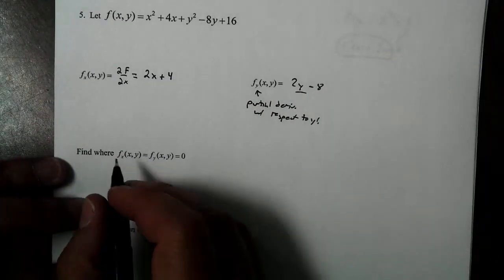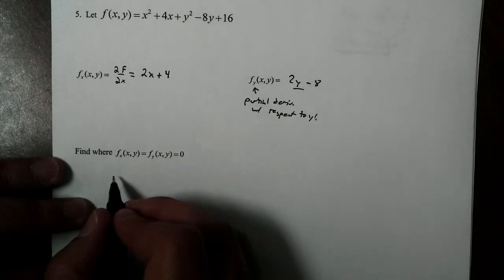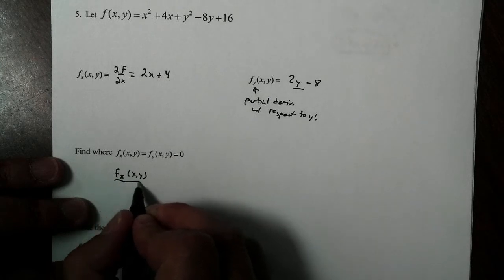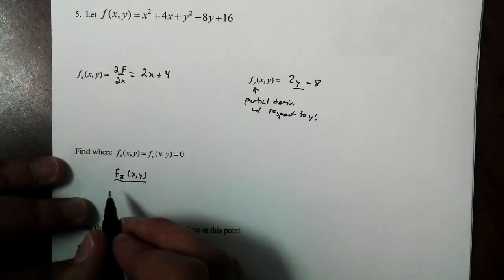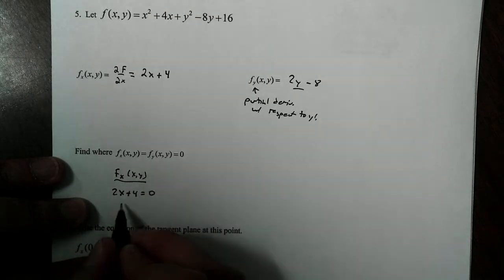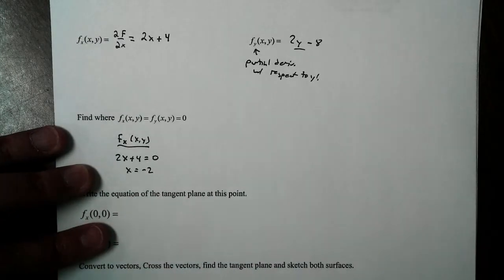The next thing we want to do is find out where they're both equal to 0. So if I want to find out where the partial with respect to x is equal to 0, I can just set that part equal to 0. So I get 2x plus 4 equals 0, or x equals negative 2. So what does this mean for us?